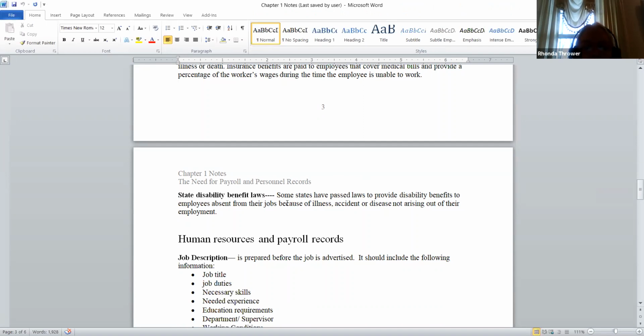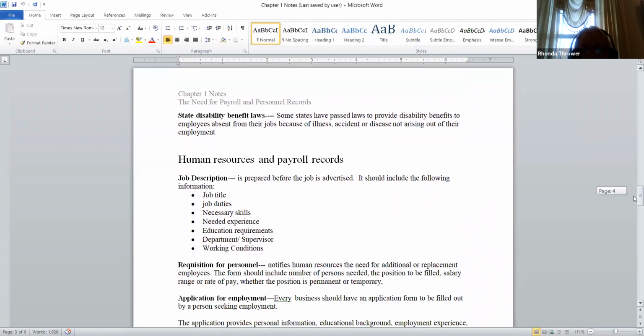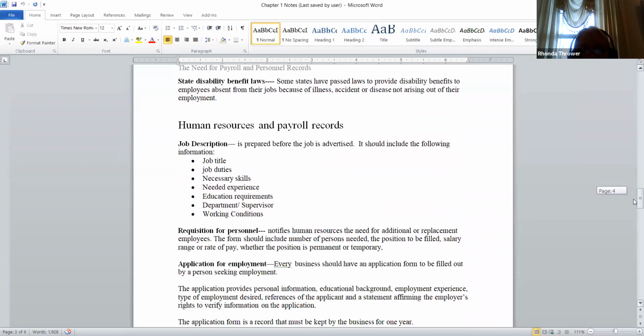Not all states have these, but some have passed laws to provide disability benefits to employees absent from their jobs because of illness, accident, or disease not arising out of their employment. So we'll be talking more about that in an upcoming chapter.